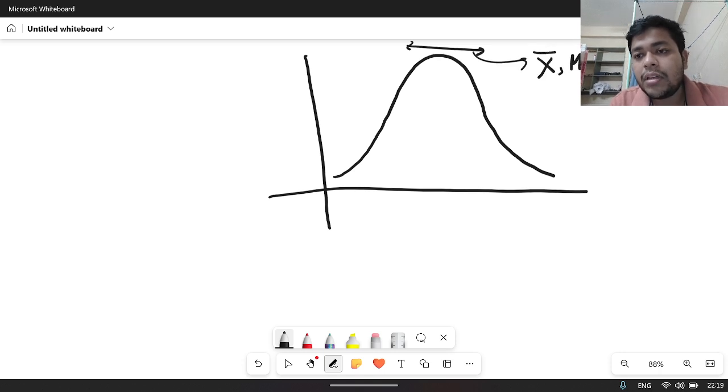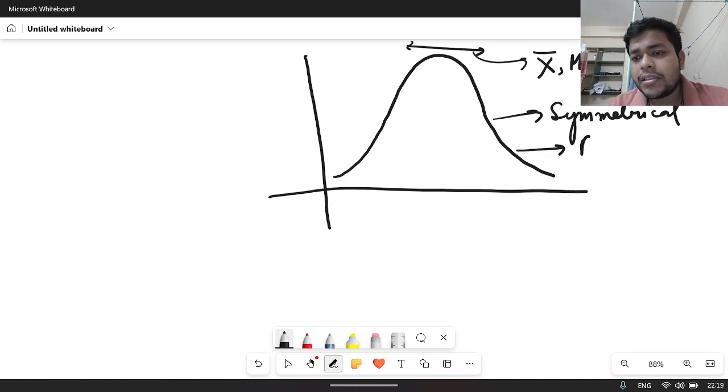The mean, median, and mode. So this type of graph is symmetrical in nature. If you recall, I told this in the first or second class. This is symmetrical. This is a bell-shaped curve, and this is called normal distribution.